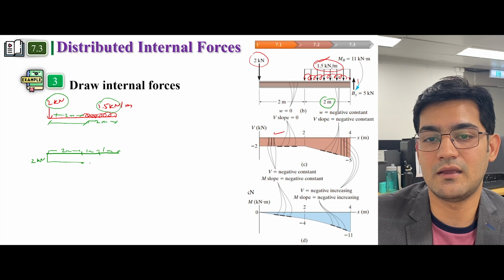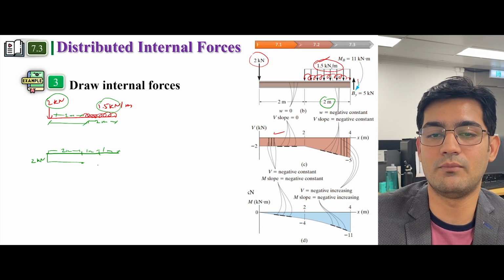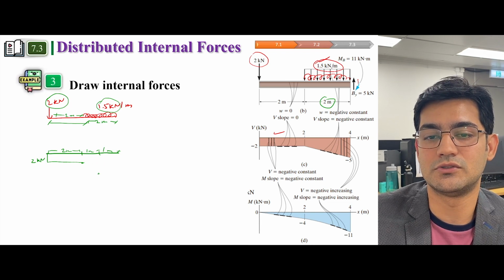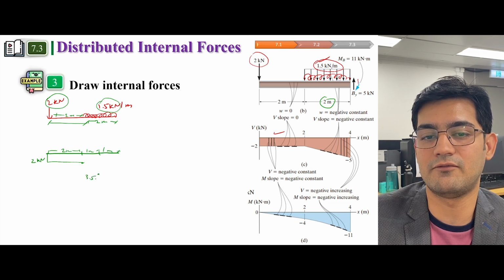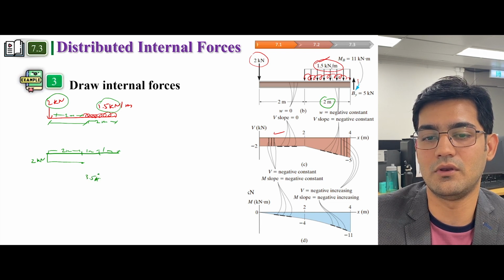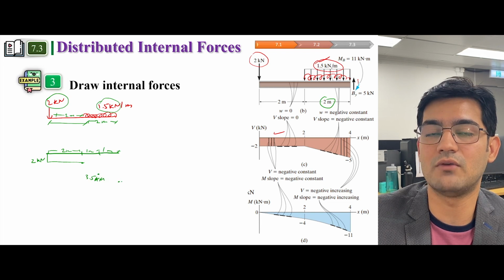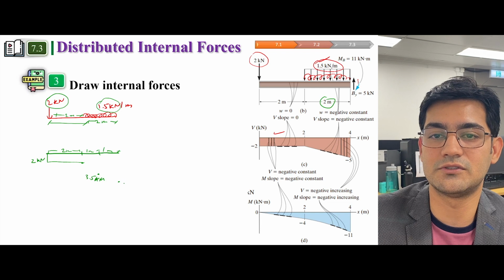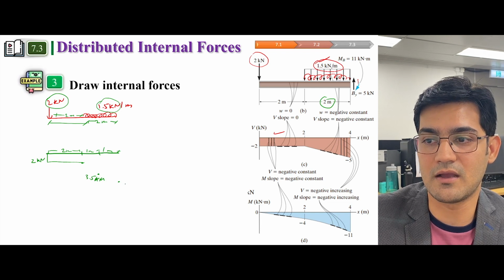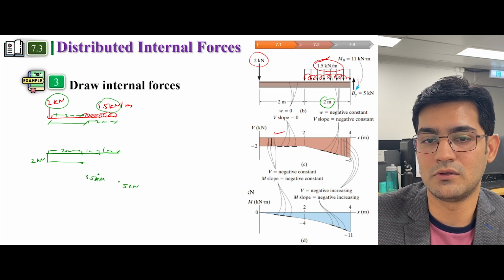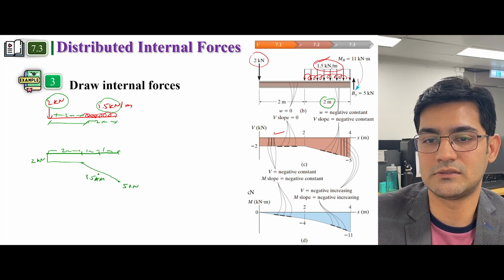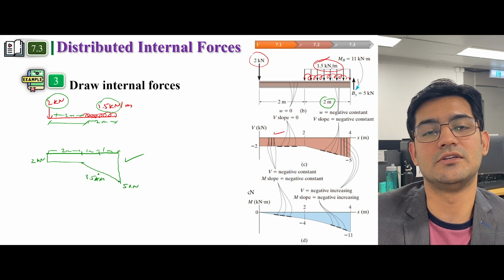If I go 1 meter, I have to add 1.5 kilonewton of force, so it is now 3.5 kilonewton. And if I move 1 meter again, I have to add 1.5 kilonewton again, so it will become 5 kilonewton. So that's how you draw a shear force diagram.